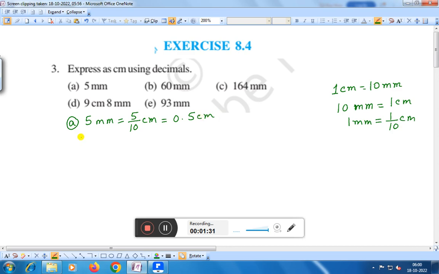Right? Question number B is 60 millimeter. Therefore, we can write 60 by 10 centimeter. If we cut this 0 and this 0, we are getting 6 centimeter. Right?